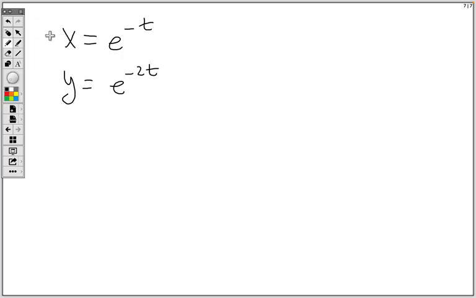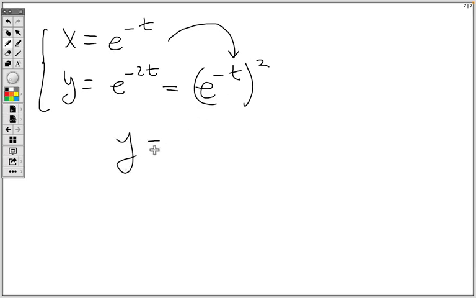Now we could actually solve for t by taking logs and stuff, or we could recognize that I've got the same base, and this exponent is just double that exponent. So I could rewrite y as e to the minus t, squared. And so I can see right away that even though this looks very complicated, this parametric curve is actually just sitting along part of the parabola y equals x squared.